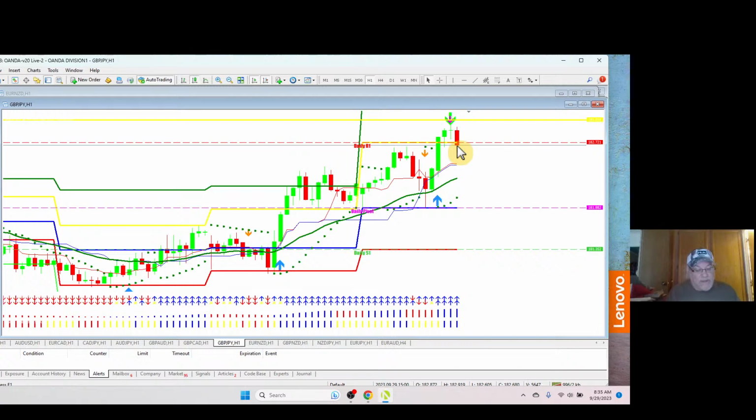So it has already gone 27 pips in my favor. So I think I'm going to move my stop to break even now. That's what I'm going to do. So I'm going to be break even on the pound yen short. I'm doing that now.